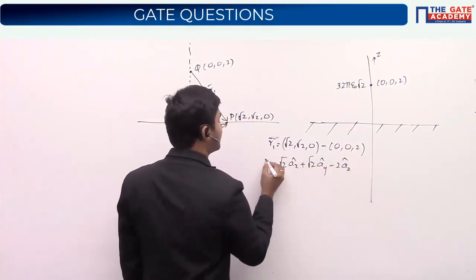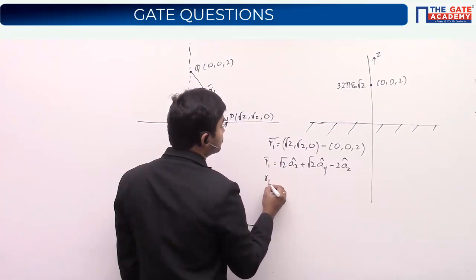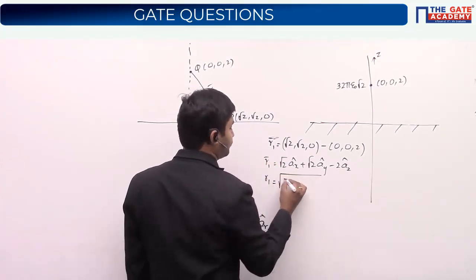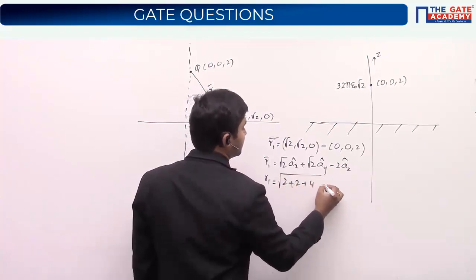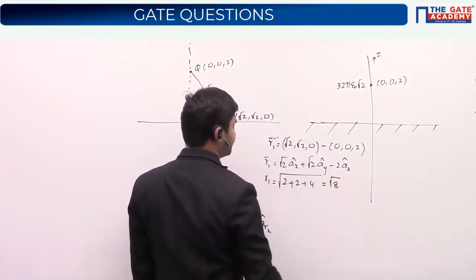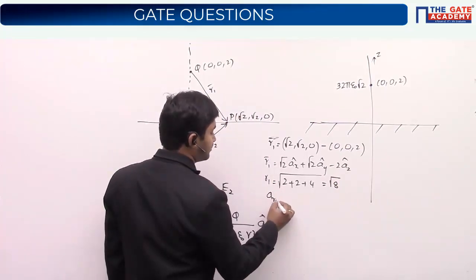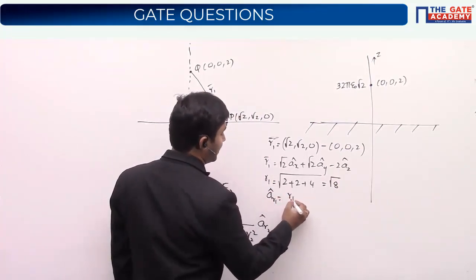This is nothing but R1 bar. Then what is the magnitude of it? The magnitude is going to be under root of 2 plus 2 plus 4, which is under root of 8. This is the magnitude of R1, and AR1 cap is going to be equal to R1 bar by R1.